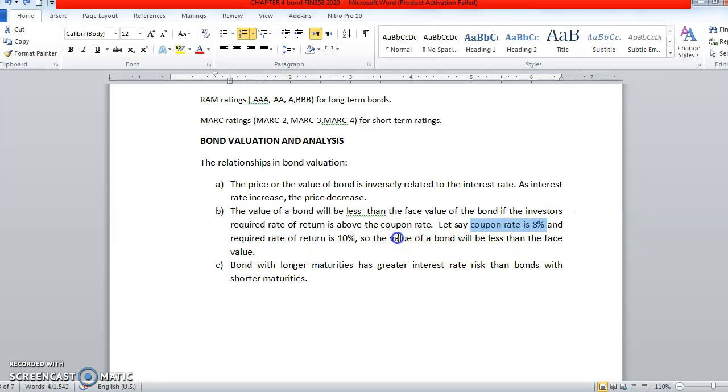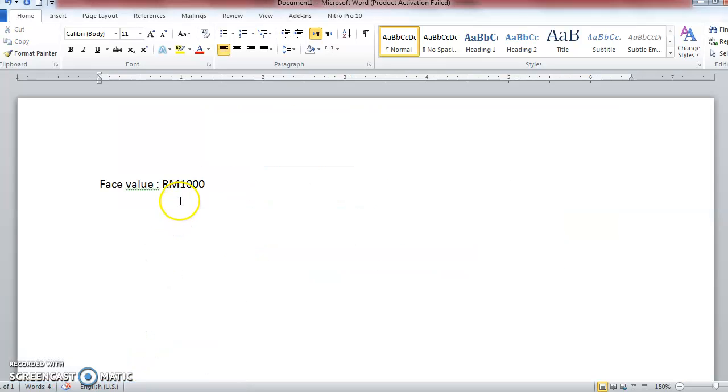The value of the bond will be less than the face value. So the value of this bond may become less than RM 1,000, might be 900 or something, right?